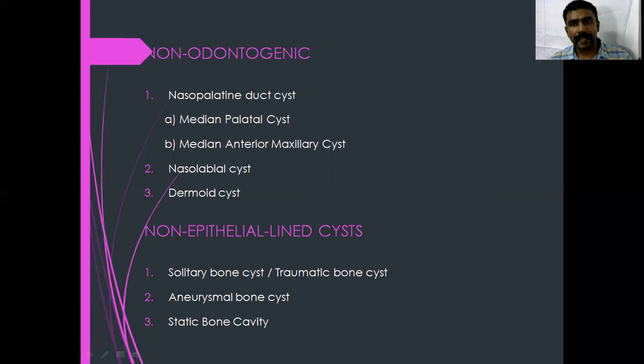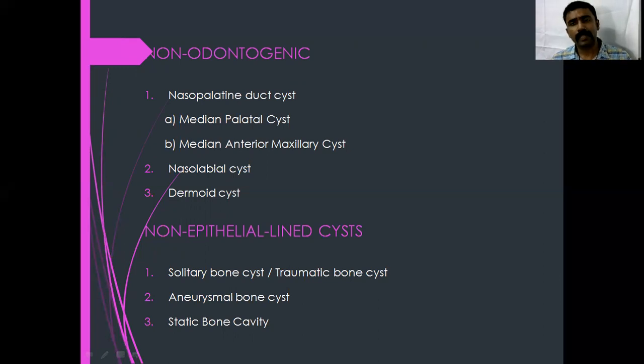And moving on to the management of cyst, generally cysts are managed by simple enucleation. Most cysts are enucleated along with the lining, whereas the management of OKC is slightly difficult because it has a higher recurrence rate, a thin, fragile epithelial lining, and satellite cysts, also called daughter cysts, so you should aggressively treat odontogenic keratocyst.